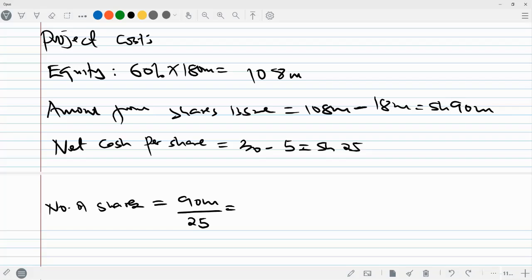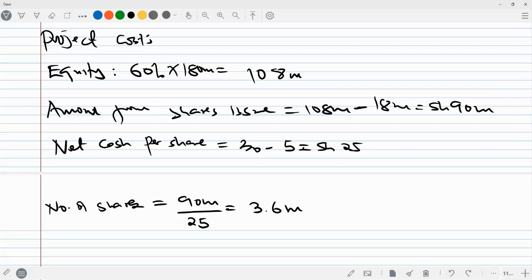Therefore, how many shares need to be issued? 3.6 million shares need to be issued in order to raise the 90 million required. And that is it for Roman 2.